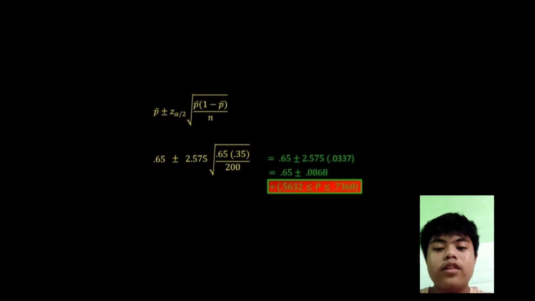p plus or minus z alpha over 2 times the square root of p times 1 minus p over n. 0.65 plus or minus 2.575 times the square root of 0.65 times 0.35 over 200 equals 0.65 plus or minus 2.575 times 0.0337, which equals 0.65 plus or minus 0.0868.